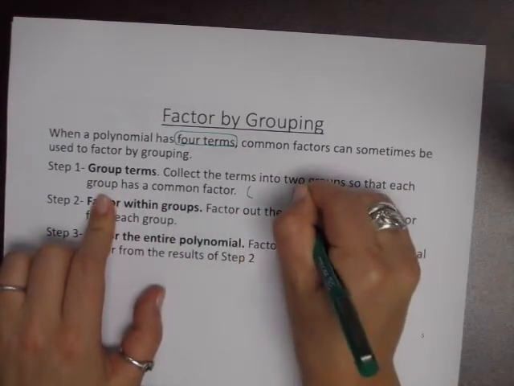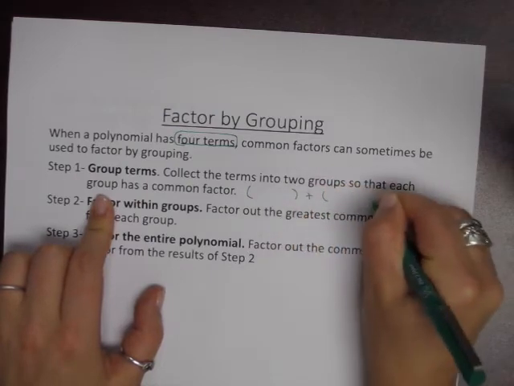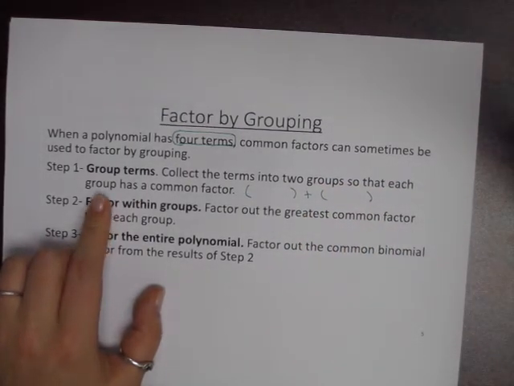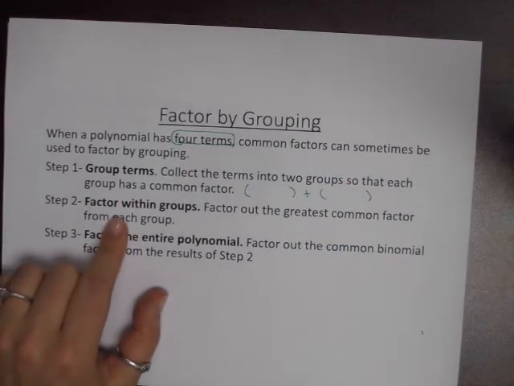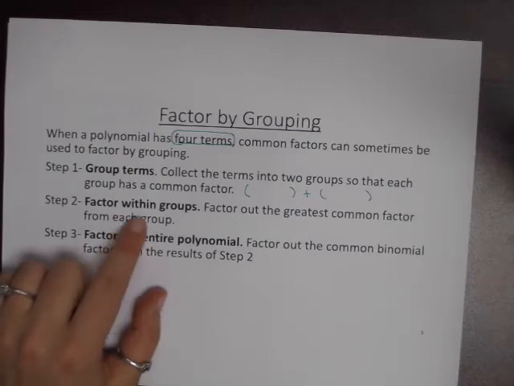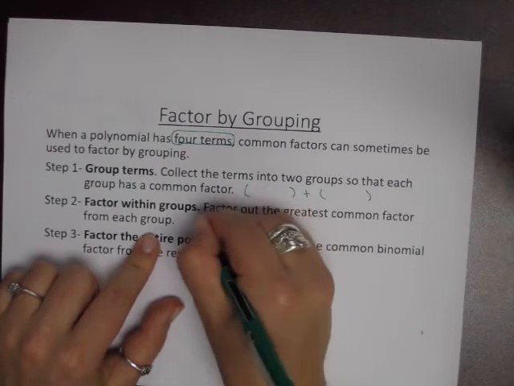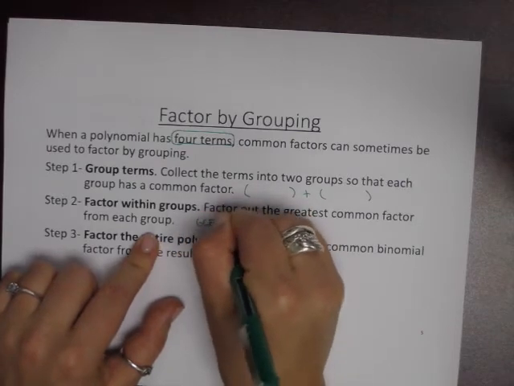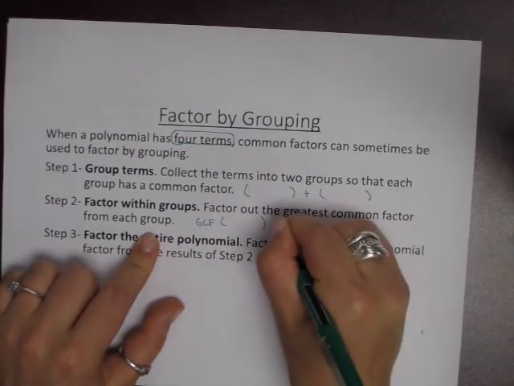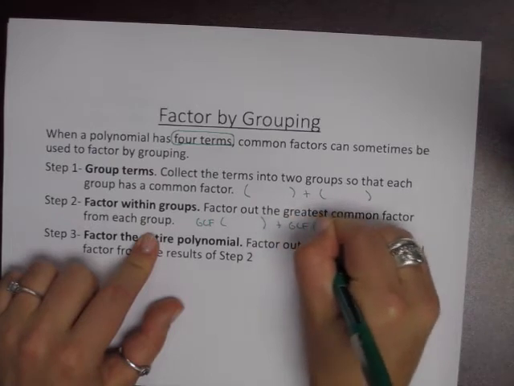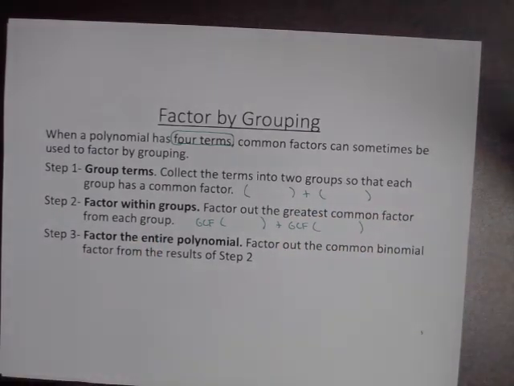So what you do is just put parentheses around your groups of terms. Then step 2 is you factor out within your groups. So factor out the greatest common factor within each group. So you're going to have a GCF of the first binomial plus a GCF of the second binomial.